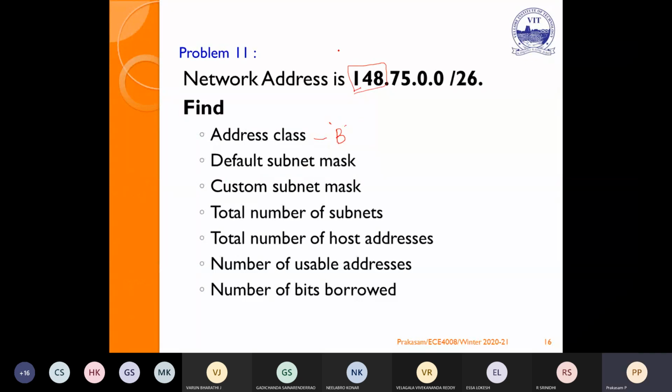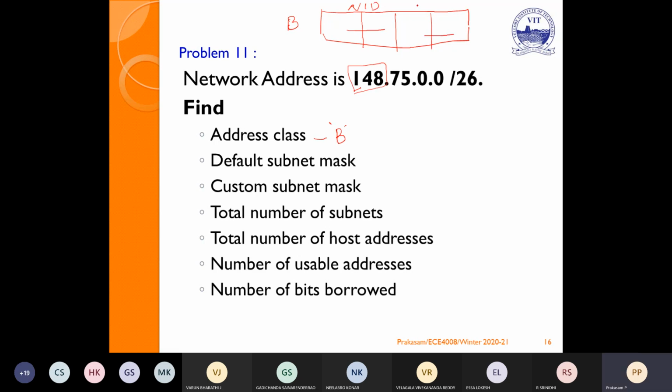The default subnet mask, you should remember. IPv4 contains 4 bytes. If it is class B, the first 2 bytes are for network.